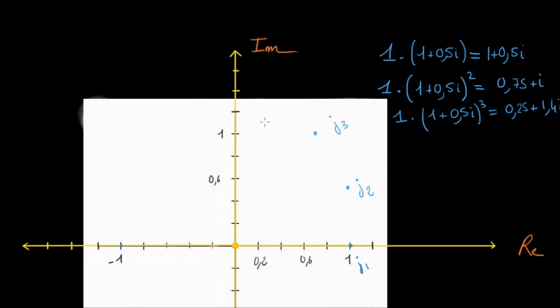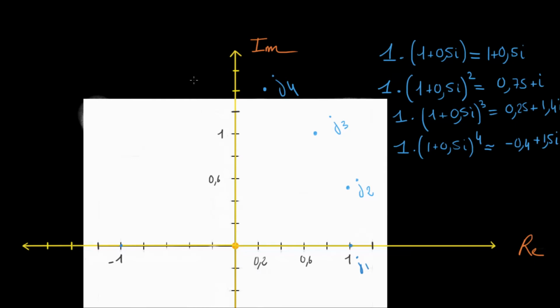So now the particle will sit somewhere around here, position 4. So let's continue. 1 times (1 plus 0.5i) to the 4th power will be approximately equal to minus 0.4 plus 1.5i.